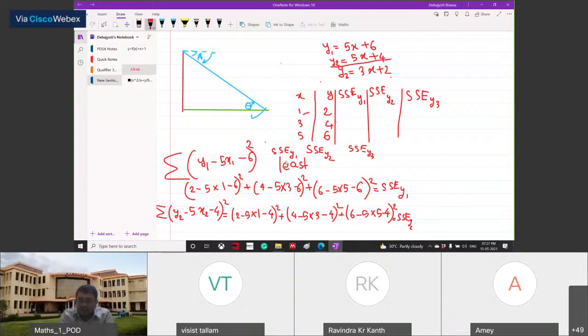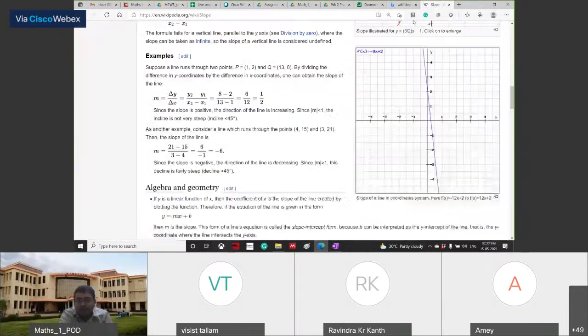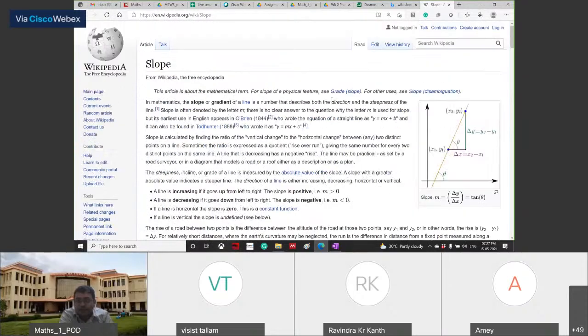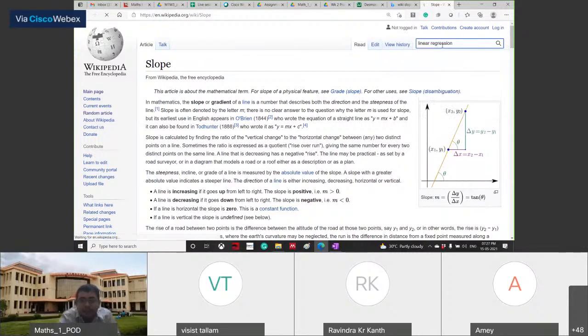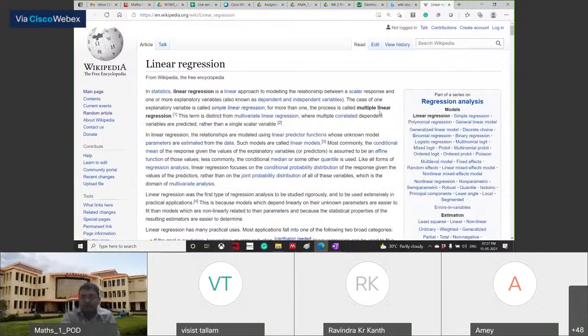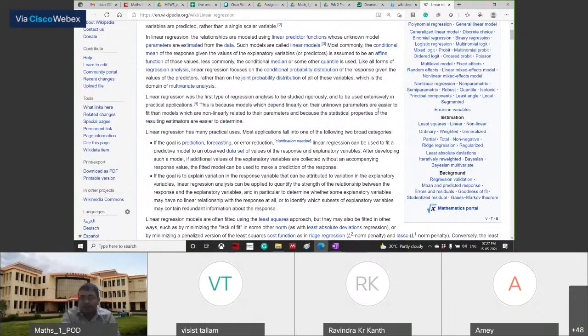It is a good question that the best fitting line may not pass through any of the given points. That is very true; almost always we see this. Maybe I can show you. If you search Wikipedia for linear regression, it is okay if you don't know what it is; you will learn it when you study machine learning.